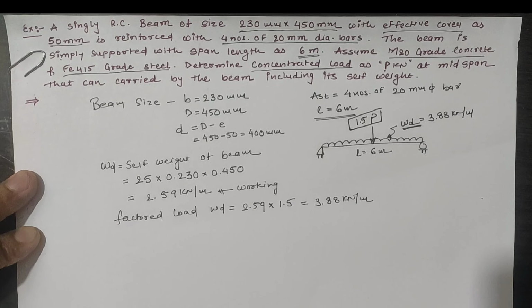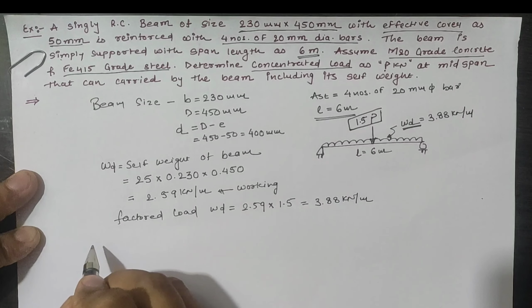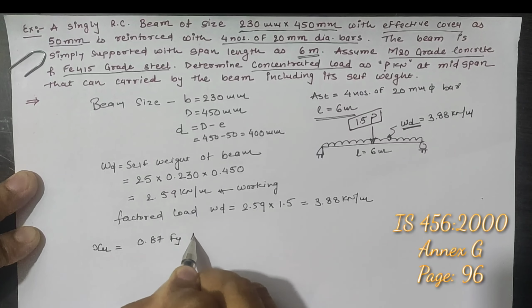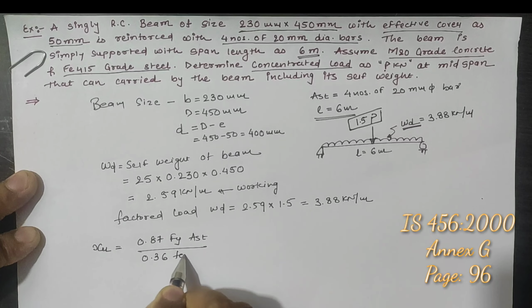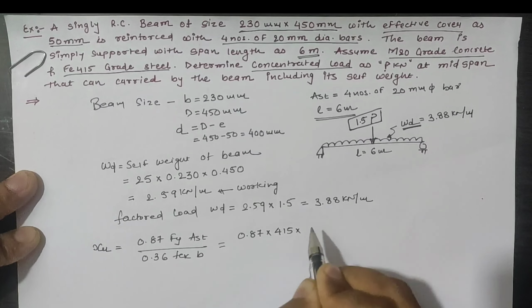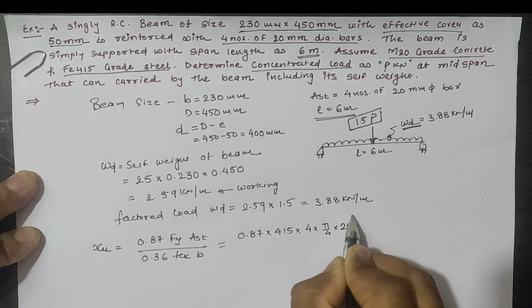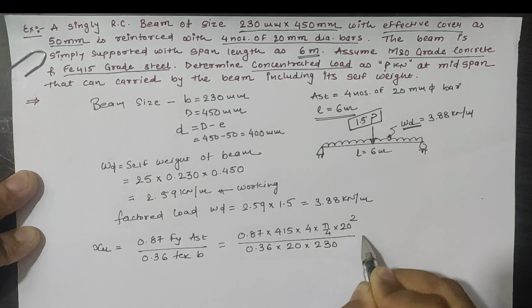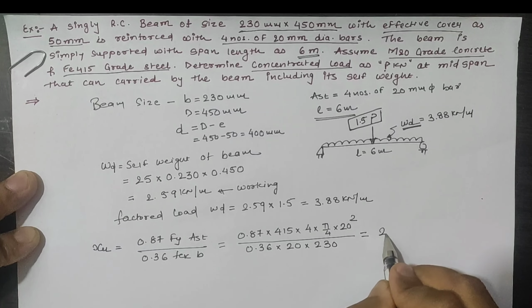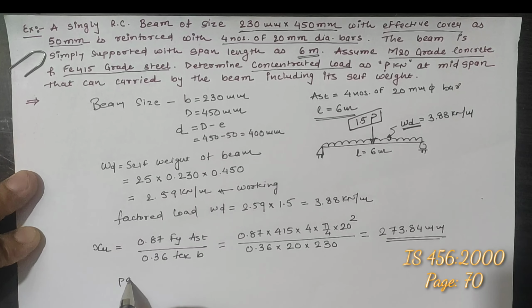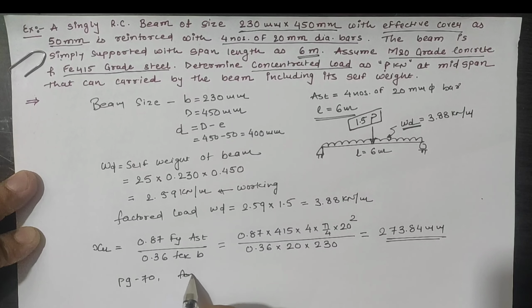Now going ahead, for the calculation of neutral axis, we have so let us put the values. Which is equal to 273.84 mm. Now according to page number 74, Fy is equal to 415 Newton per mm square.